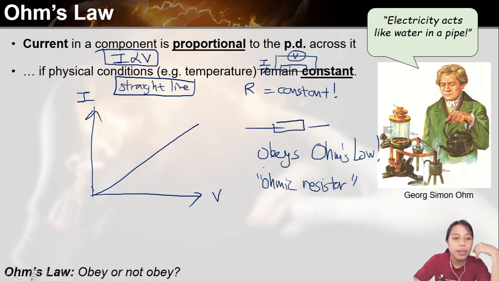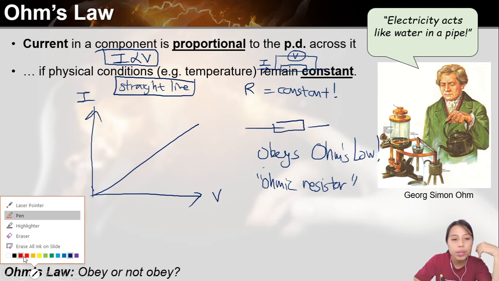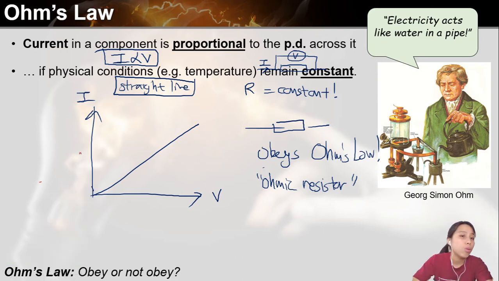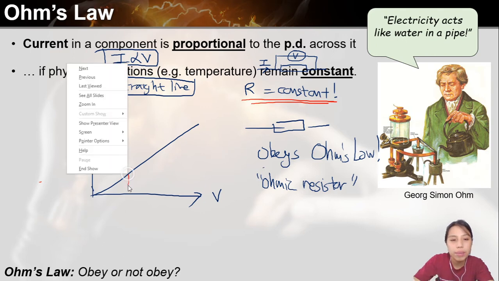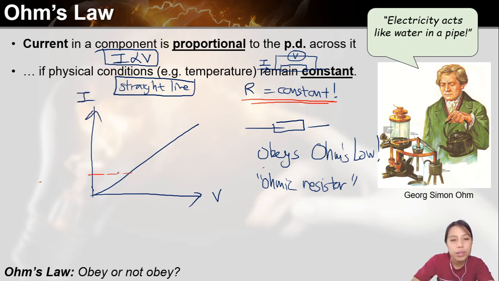And if the exam ever asks you whether it obeys or not, how do you know? You do the ratio. R must be constant, right? So you choose one point and find your ratio. R1 will be V1 over I1. You calculate what it is. Then you choose another point, you must have 2 points. Then you find a second resistance value, V2 over I2.